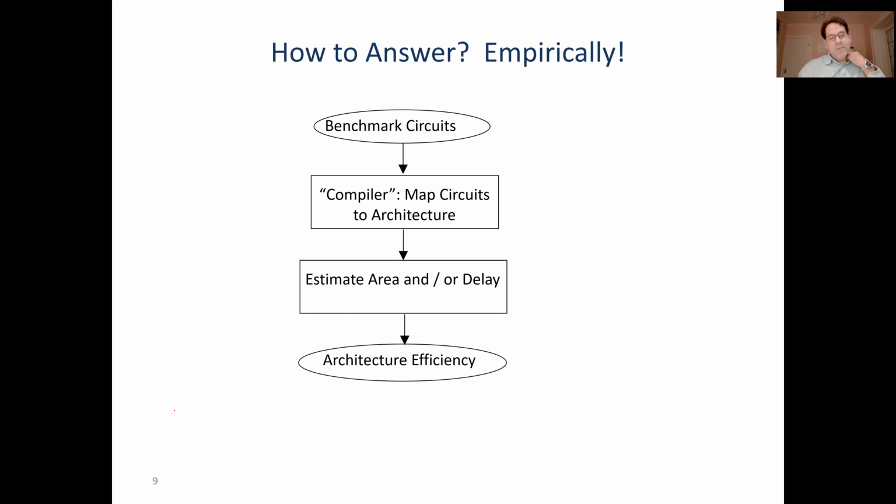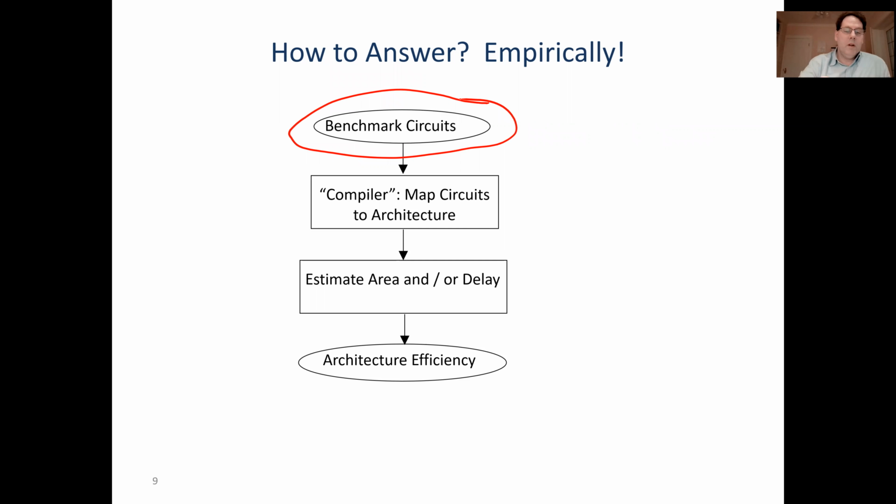Okay, so how do we answer this? You really can't answer it analytically. There are too many competing factors, and the trade-offs are too complicated. So we're going to have to use an empirical flow. We take benchmark circuits, hopefully realistic designs that model the kinds of things we think people will do with this FPGA.